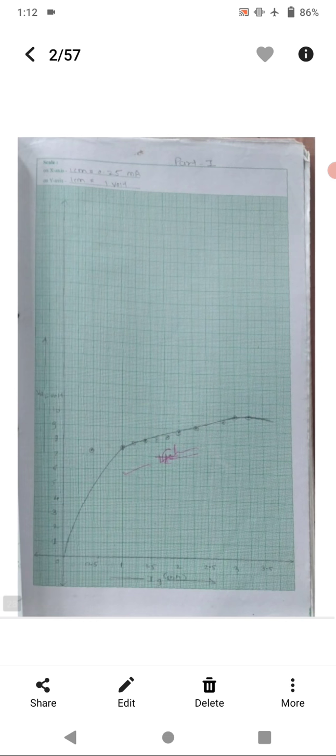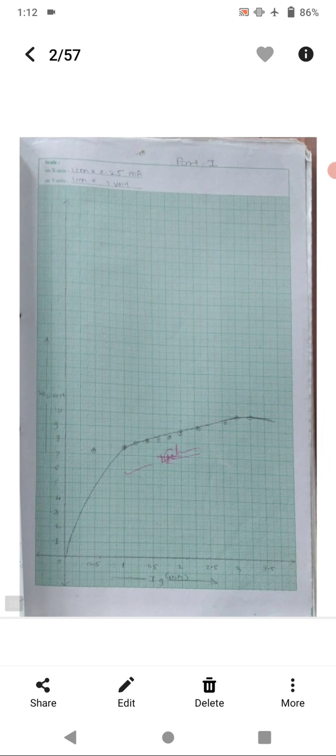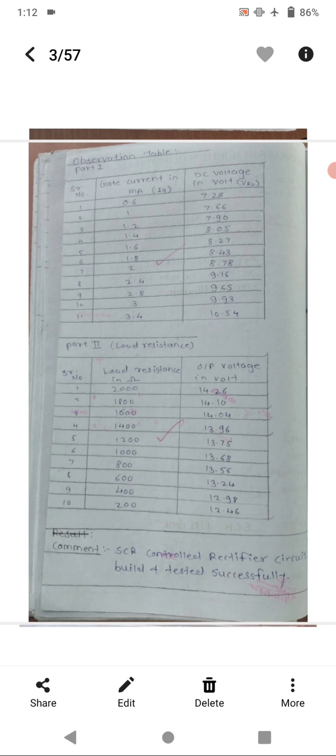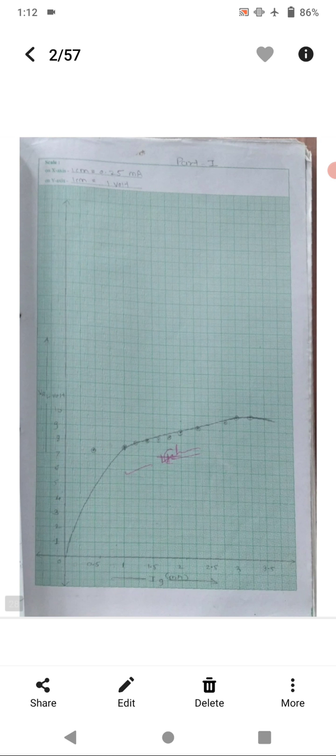Here draw two graphs using the observation table, part first and part second. In part first, the graph is drawn with the load resistance voltage on the y axis and the gate current in milliampere on the x axis.